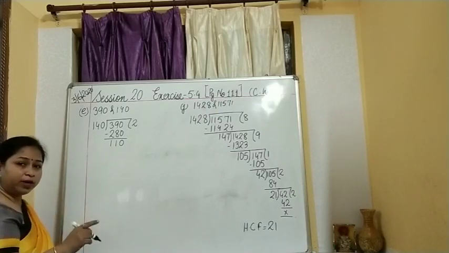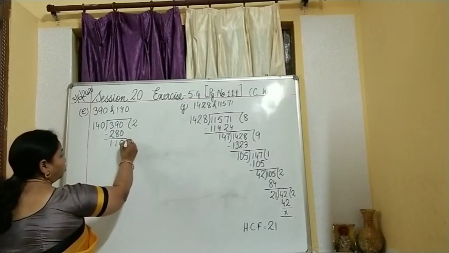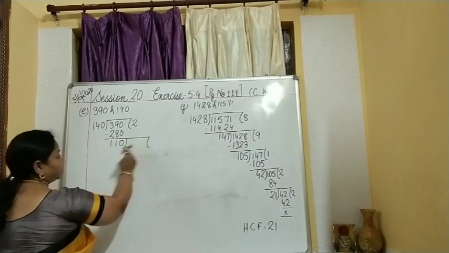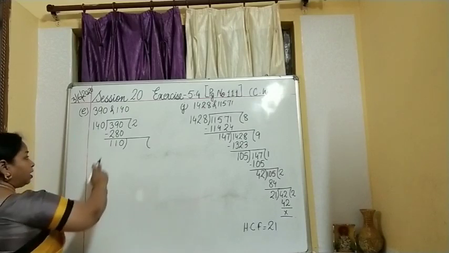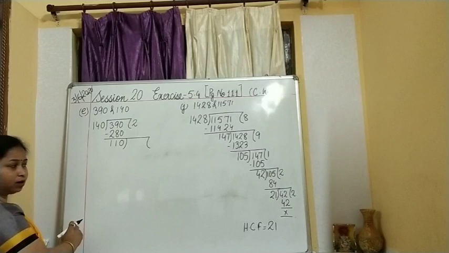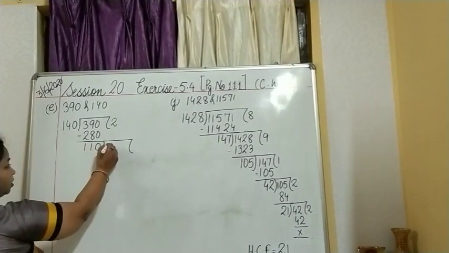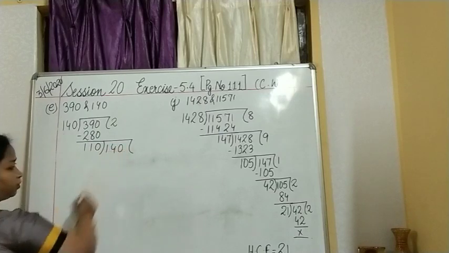Now the remainder will change to divisor. See how the role changes over here. 110 was the remainder for the first division, right? Now 110 becomes the divisor and 140 becomes the dividend.